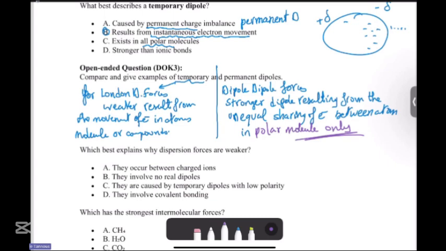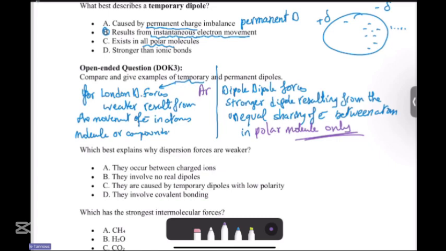I know I said in class that these are all the kinds of molecules that you have, but because here we are differentiating between both of them, you cannot just tell me H2O. H2O will of course have London dispersion forces, but H2O also has dipole-dipole, so please don't use this example. Put here examples of compounds that will only have instantaneous dipoles.